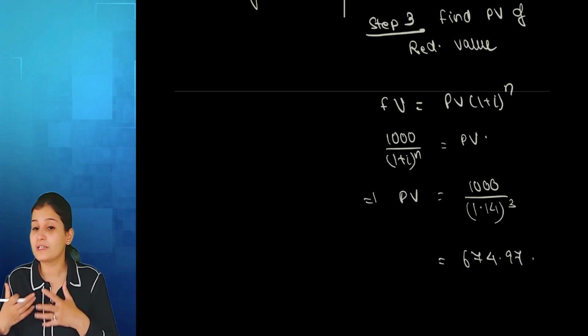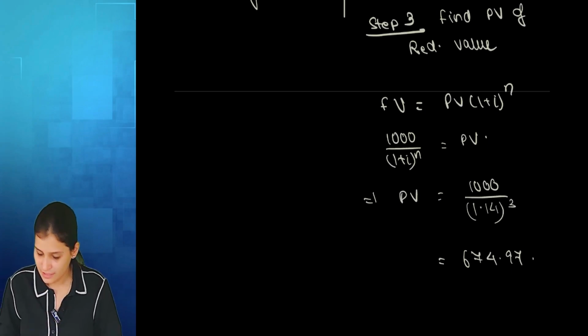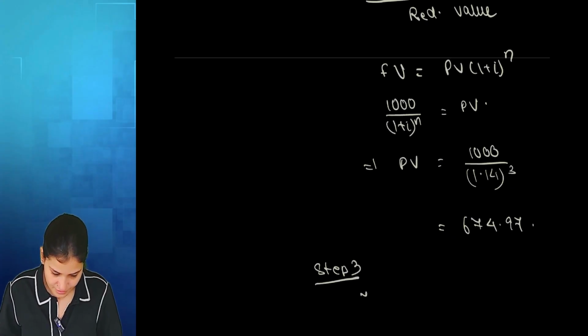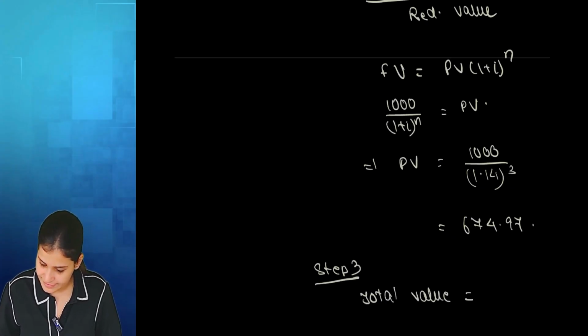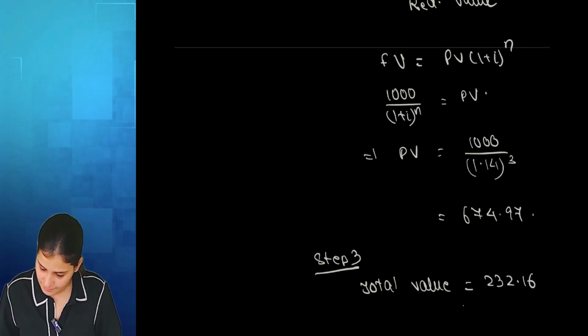So when we are going to return the loan as well as the interest, step 3, what is the total value we will return? Add step 2 and step 3. 232.16 plus 674.97.